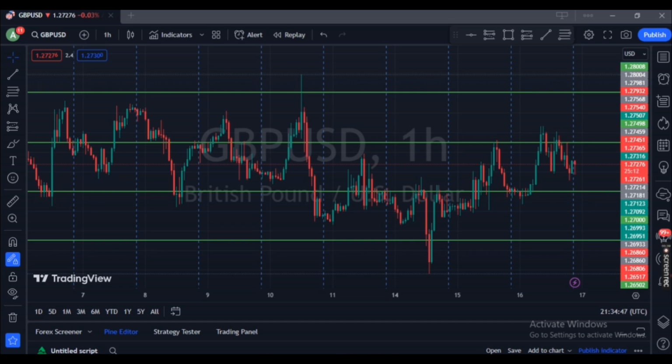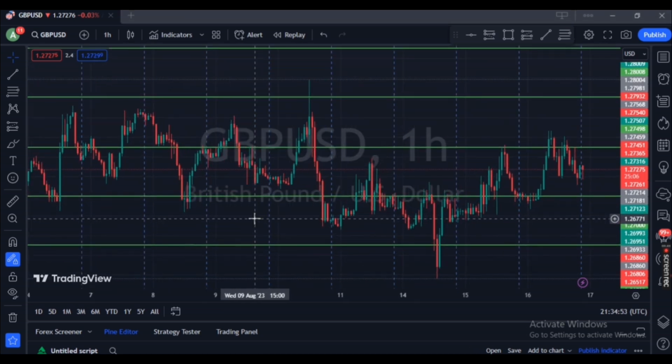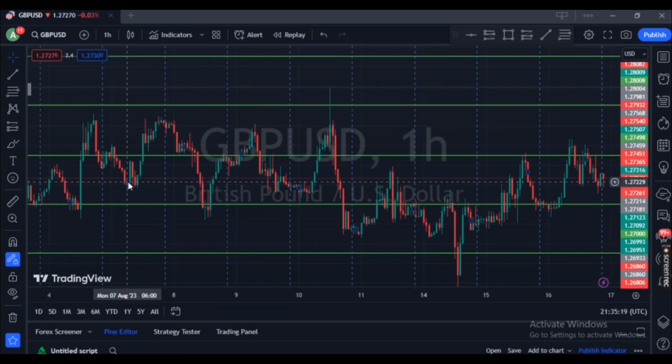On my chart, I'm going to be showing you guys how to identify a support and a resistance. So guys, let's start from resistance. A resistance indicates where there will be a surplus of sellers.